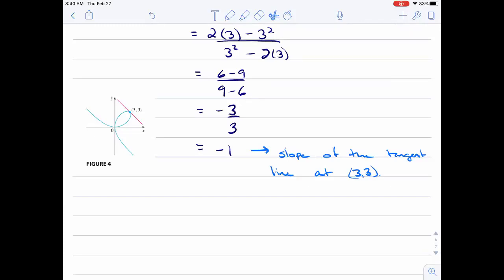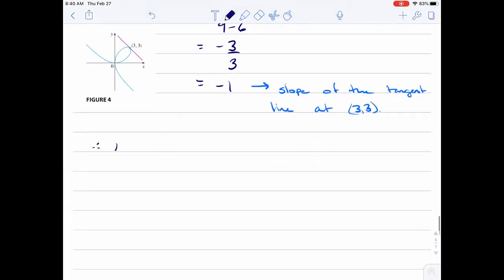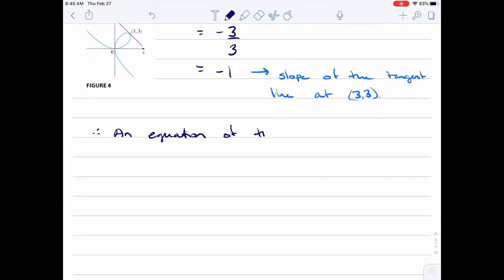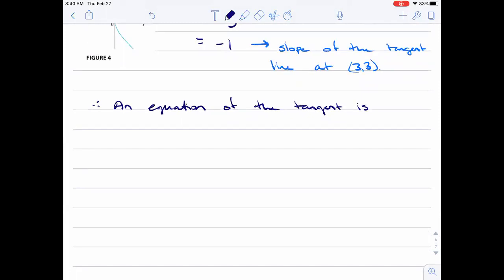So the equation for the tangent line now, again, we're going to use the point slope form of the line. Therefore, an equation of the tangent is y minus y naught equals m times x minus x naught.